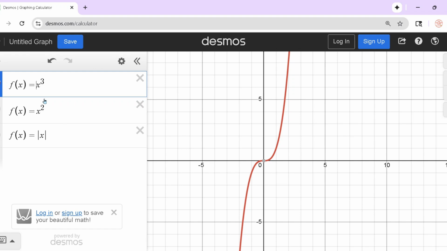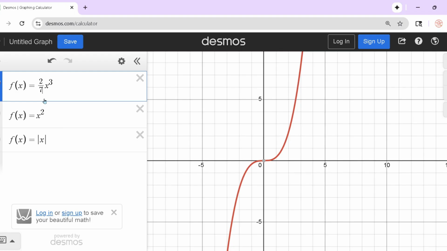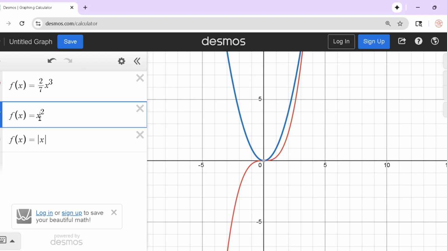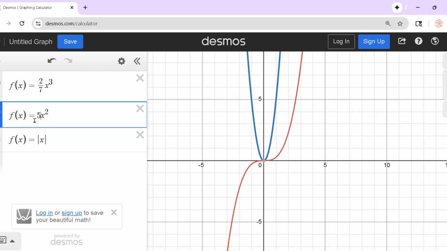The numbers that make it wider are fractions or decimals, specifically parts of a number between 0 and 1. So it would have to be like, say, 2/7. There, made it wider. And again, that's going to work with all of these. So your x squared, put a number out there and make 5x squared, it becomes narrower.